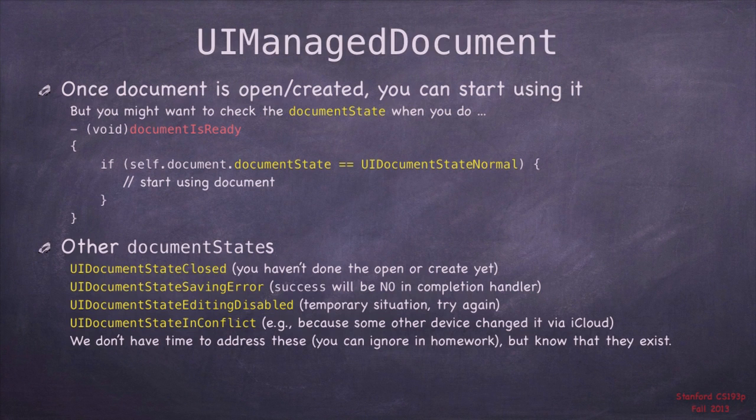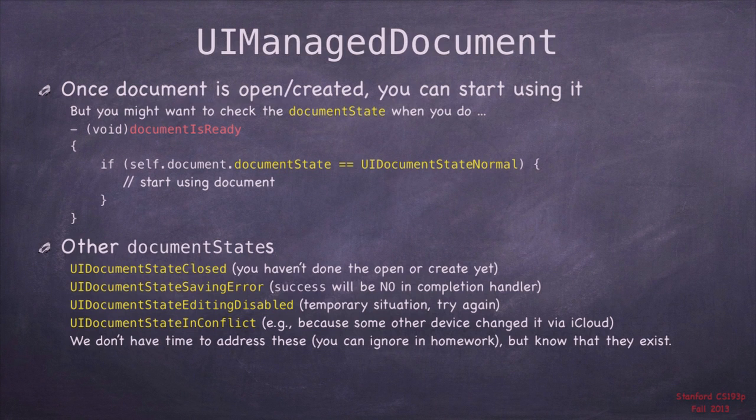Some of these other states, like there was a saving error or editing is temporarily disabled because someone else is editing this document in iCloud and it's updating, for example. You're not going to run into those in this class, but you should know that they're there. So checking that at the beginning, it's a bit mask there. That's why I'm using that ampersand, right? I'm just checking that bit, UI document state normal, just to see if the document is ready to go.